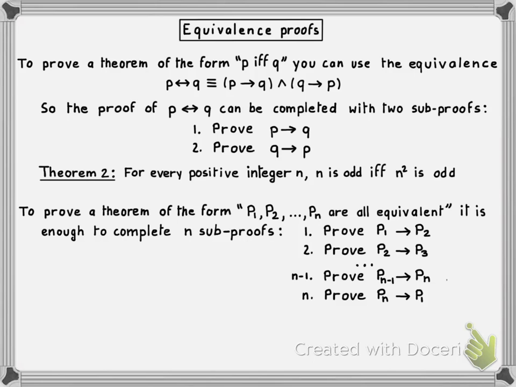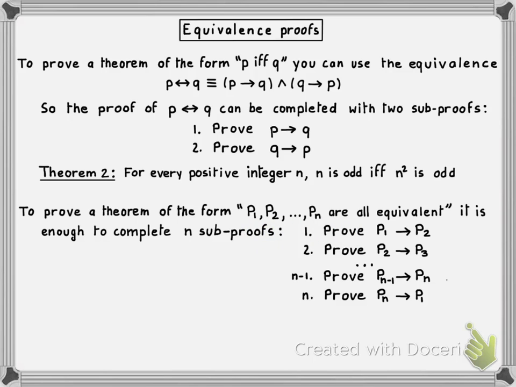But since Pn implies P2 and we already proved that P2 implies P3, then we can infer right away without any extra work that Pn implies P3. And so on and so forth until we've ended up proving all of the conditionals in the other direction, from left to right. And this is done using a single additional conditional, namely this one. So this is a pretty smart way of proving theorems of this form.